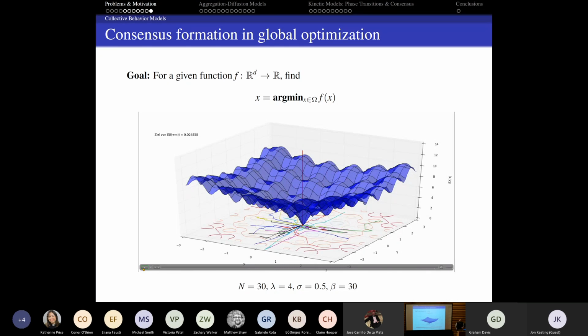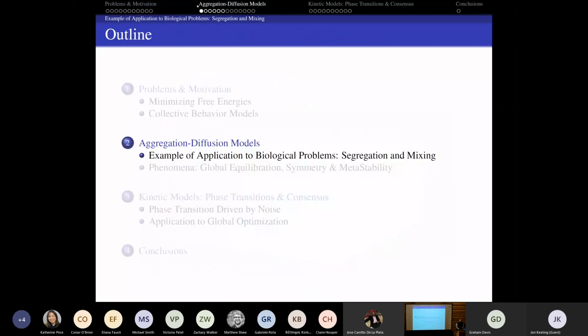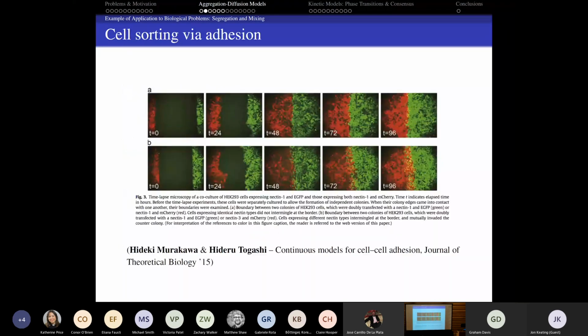And in the few minutes left, let me show you other interesting phenomena that may show up in this kind of model. I'm going to use as an example a life sciences problem in which you want to model segregation. Let me show you what I mean by this.